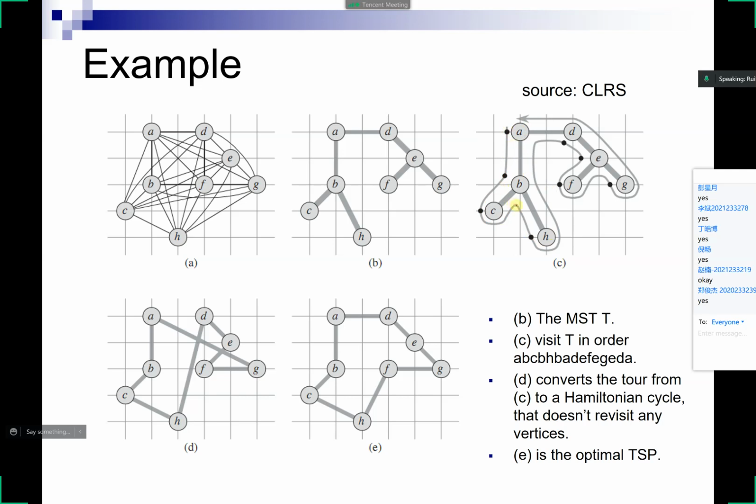Now we get this cycle, but the problem with this cycle is that it revisits certain vertices. For example, here, we go to B once, and then we go back to B. And then we go to H, and then again we go back to B. Now in the TSP, we're not allowed to revisit vertices.